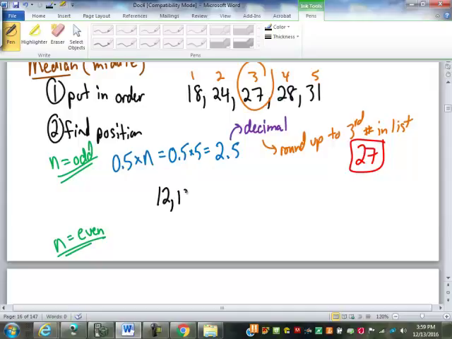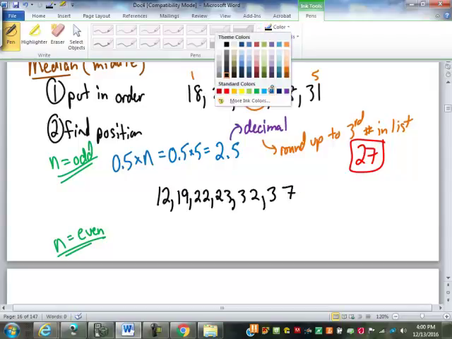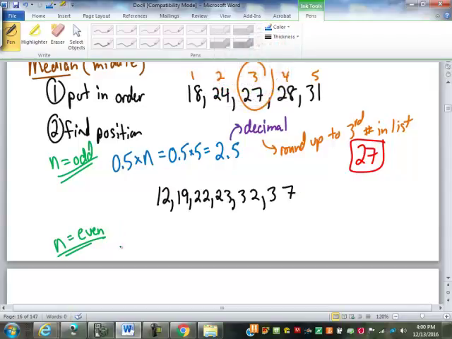So we're going to go 12, 19, 22, 23, 32, and 37. So here n is how much? 6, because there's 6 numbers, right?